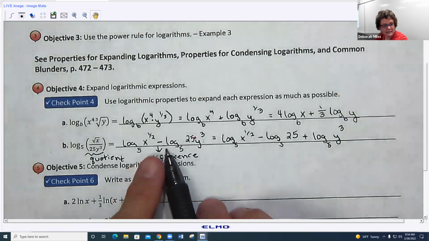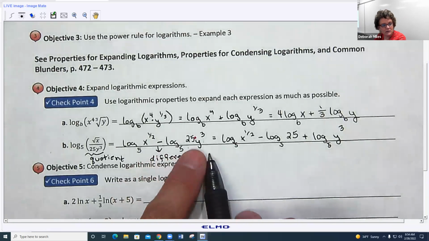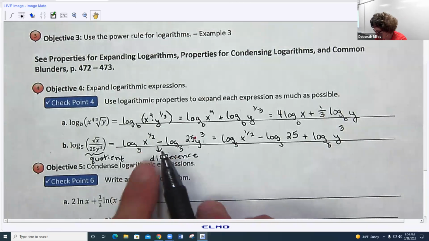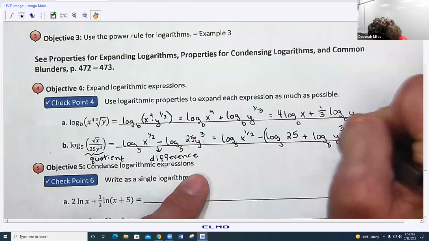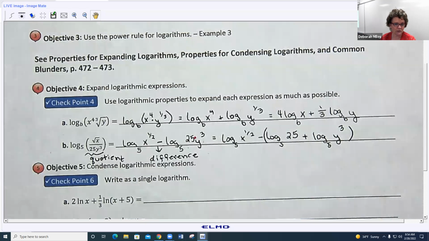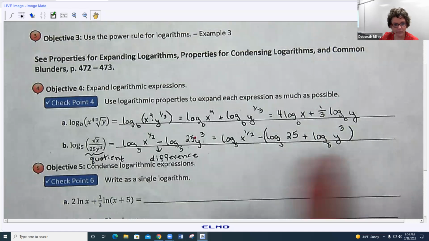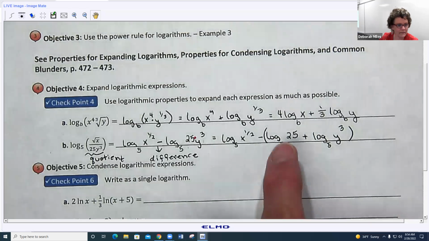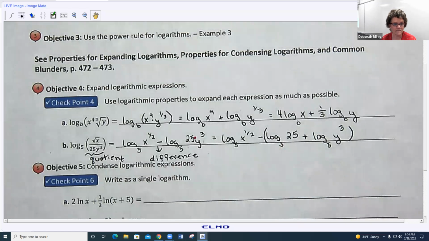I was subtracting the log of a product, so I need to be subtracting the whole difference of 2 logs. If I don't have those last 2 in parentheses, that means only the 25 was in the denominator. All right. Any questions so far? We can take one more step, but if anybody has a question, I want to answer it now.